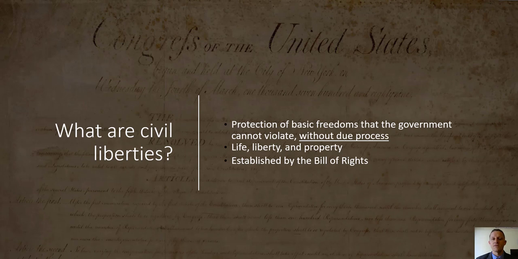Framers thought it was very important that individual citizens be able to work, live, and own property where they wanted, and be able to engage in free conversation, especially criticism of each other and especially of those in power. And in order to protect all those key freedoms, the framers physically wrote those down in the Bill of Rights, the first 10 amendments to the U.S. Constitution.